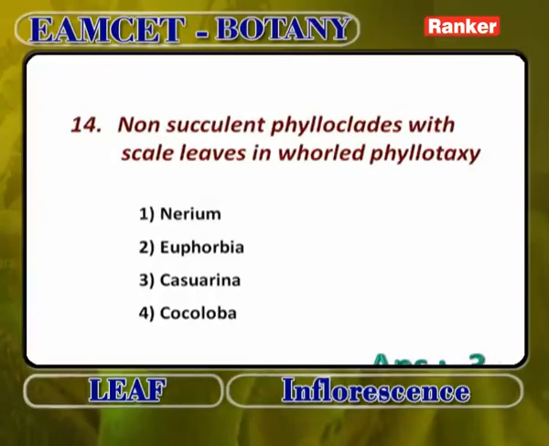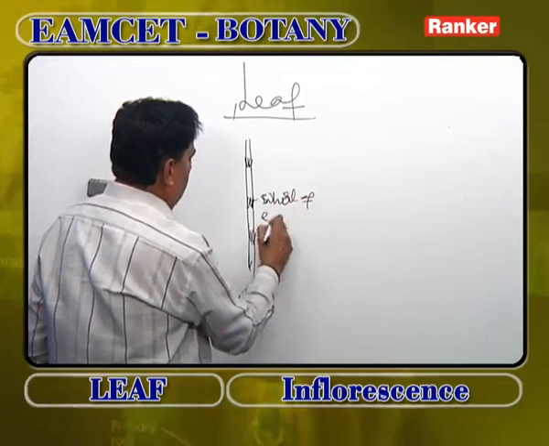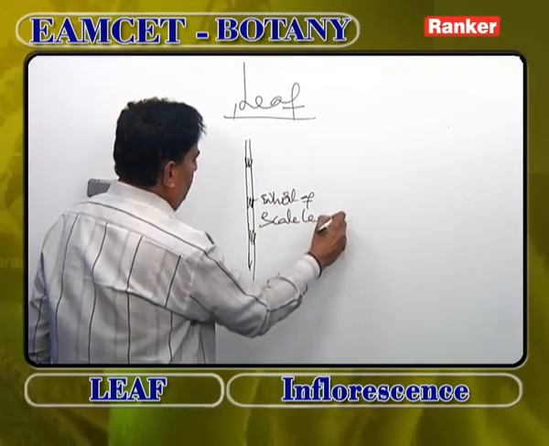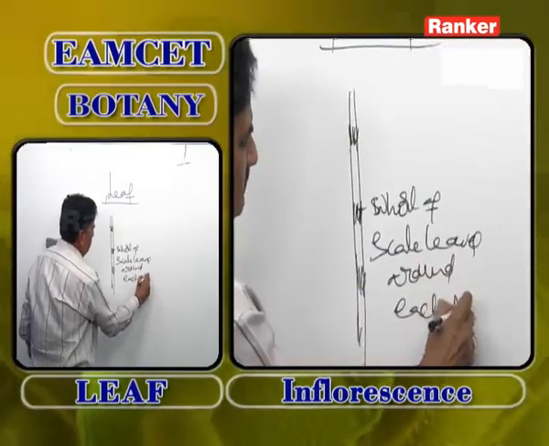Next, non-succulent phylloclads with scale leaves in whorl phyllotaxy. Non-succulent phylloclad means it does not store food material. It appears like a long needle-like structure, with a whorl of scale leaves around each node. That is Casuarina.